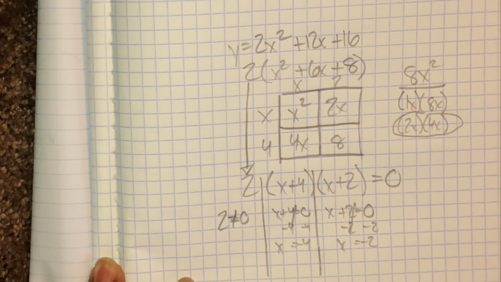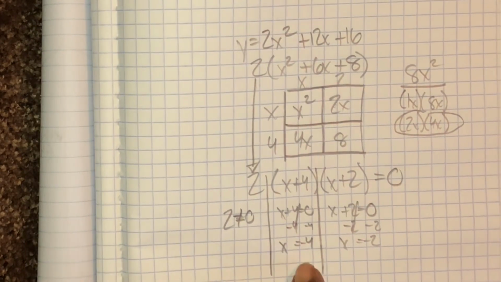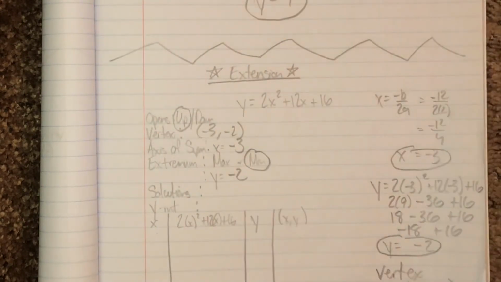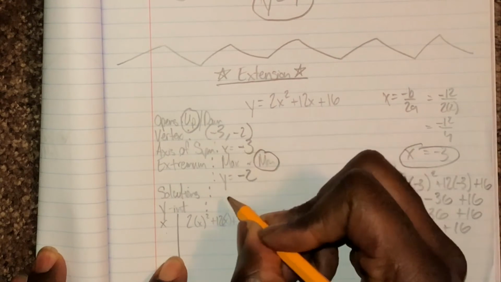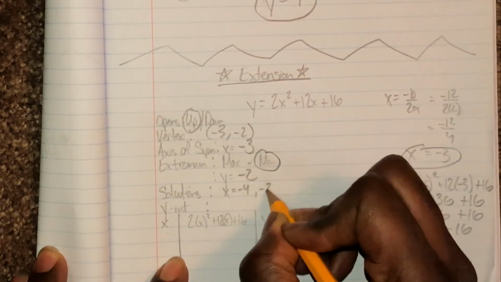So we're getting a little more information about this graph. Let's slide the reinforcements out of the way real quick. So these are my solutions: x equals negative 4 and negative 2.